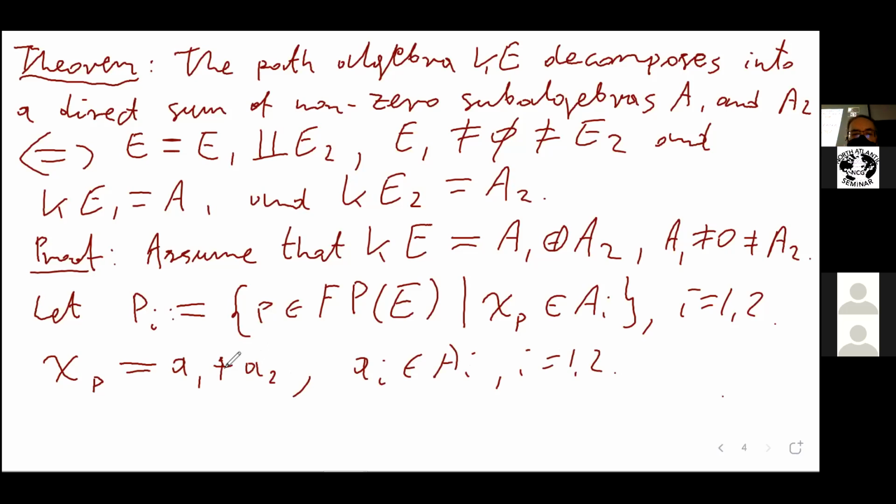But then, remember, not only is it unique, but we have that A1 times A2 equals 0. So this is a fundamental property we are going to use, okay? Because I have this decomposition as algebras, KE equals A1 plus A2 as algebras. So we multiply component-wise.